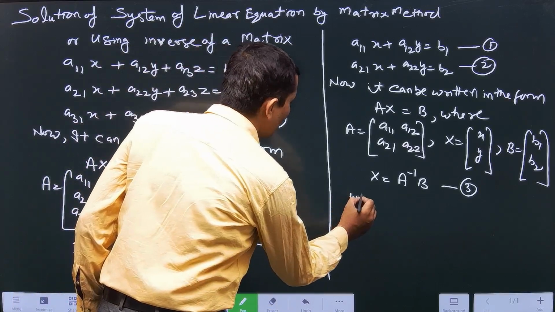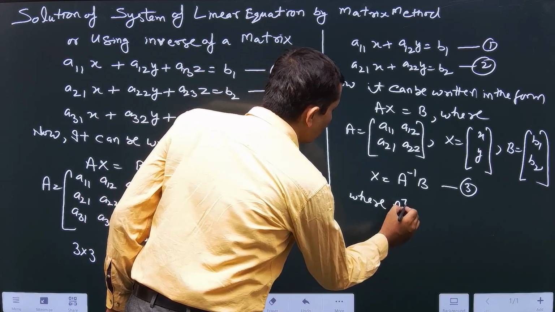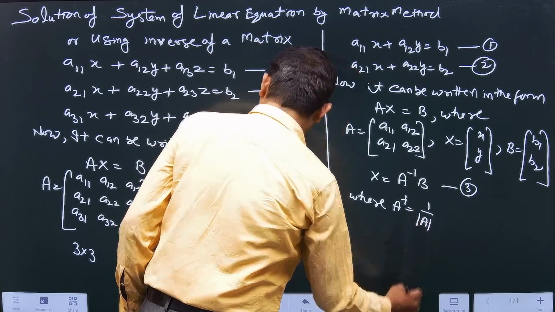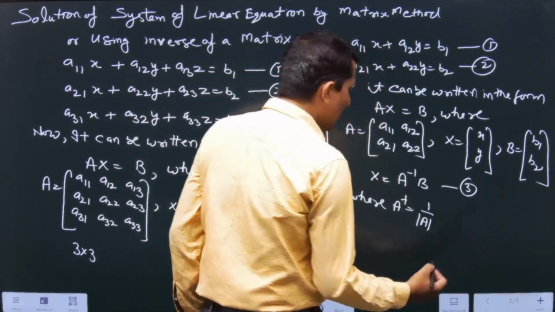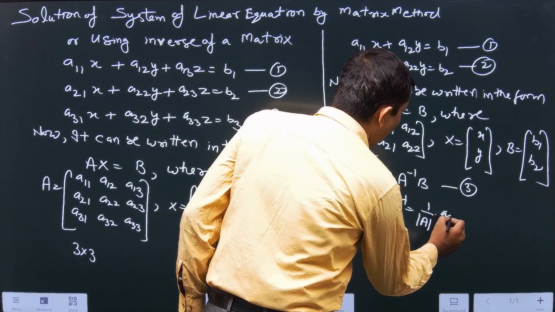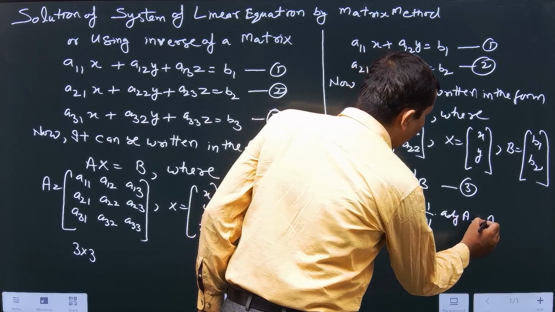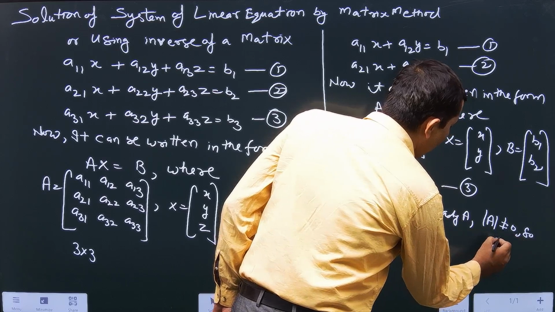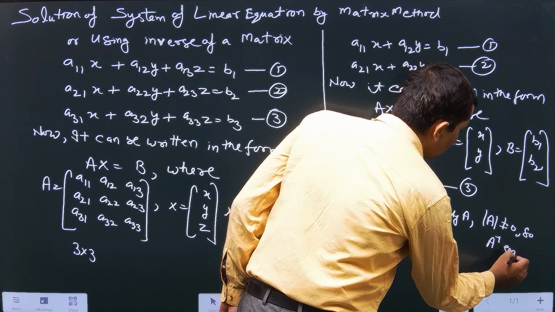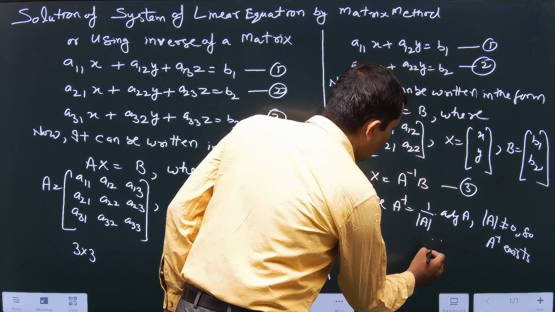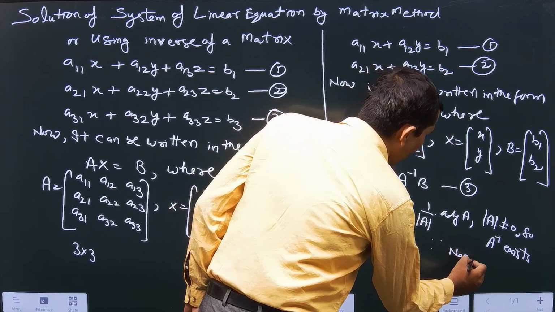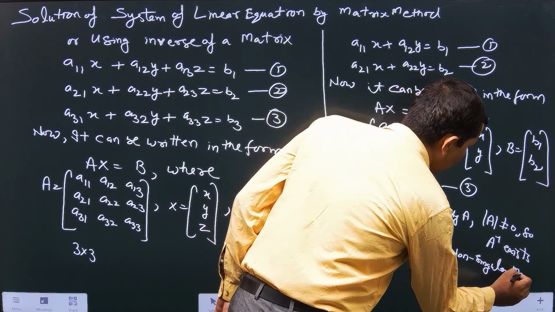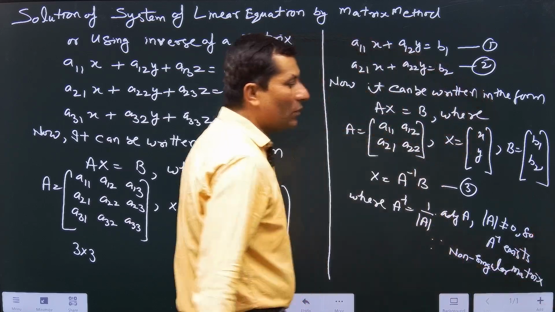Where your A inverse is equal to 1 upon determinant A into adjoint A, or determinant A is not equal to 0, so A inverse exists because of a non-singular matrix.